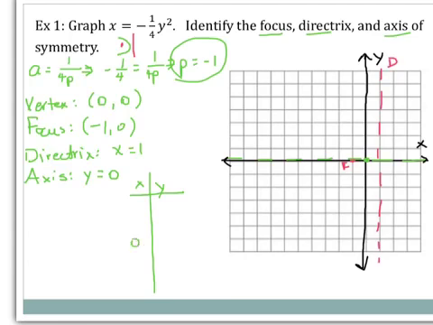Put your vertex in the middle. And this time we're going to plug in for y and solve for x. So I want to pick some values that will work nicely with the 4, so it will divide. So I'm going to pick -2 and -4 and +2 and +4.